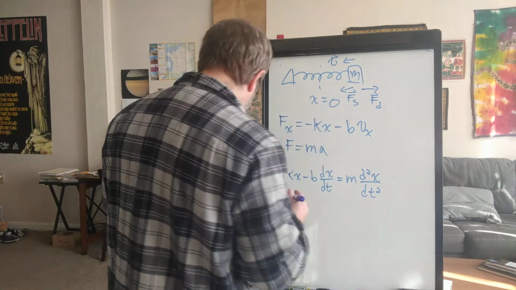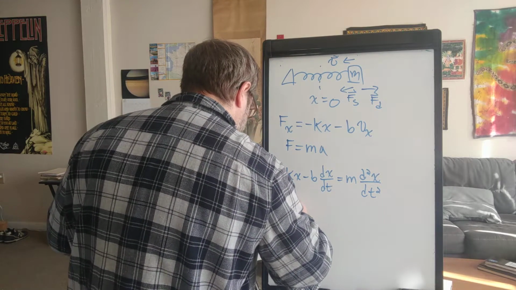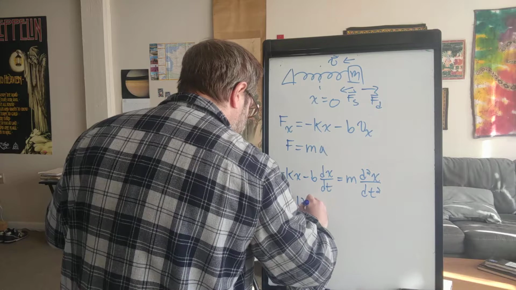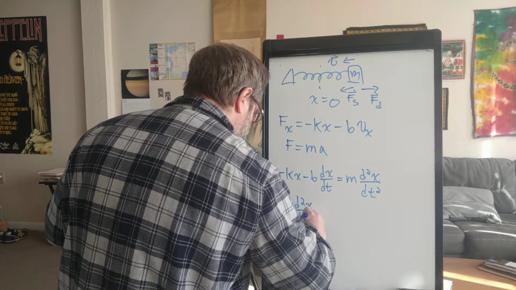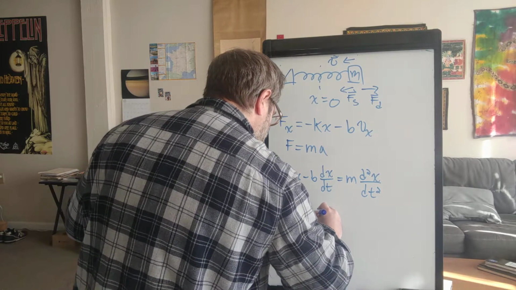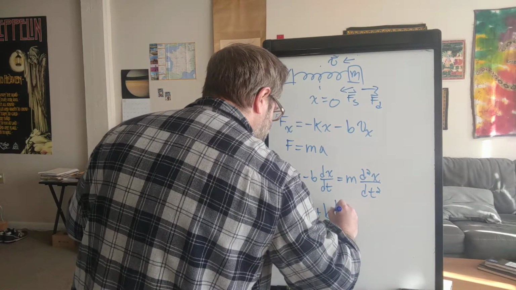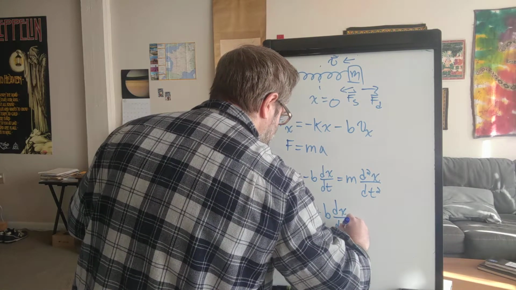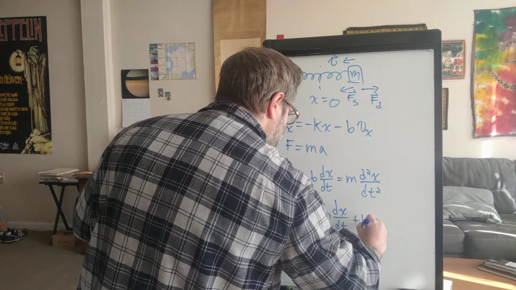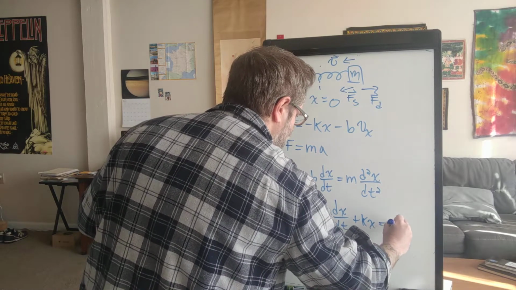So just rearranging this slightly, you get m d²x/dt² plus b dx/dt plus kx equals 0.